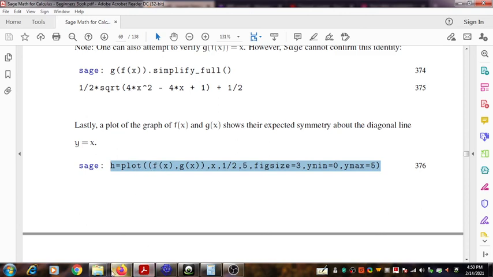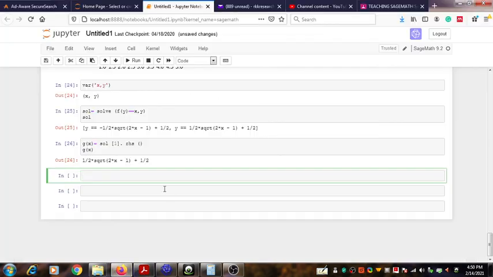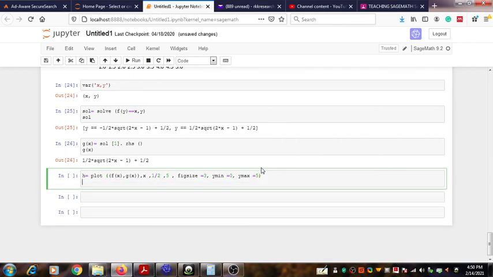Therefore, let's copy that and paste it here. After running this statement, the plot will be stored at h, and if you want to see the plot, you can just type h and take the output.